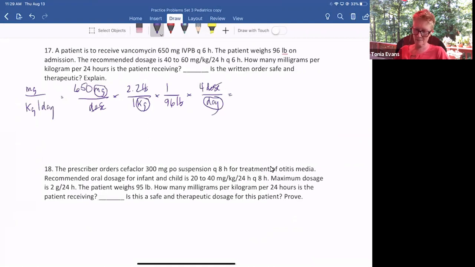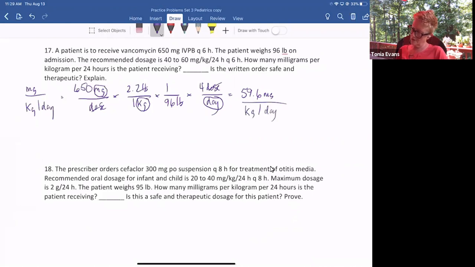650 times 2.2 times 4 divided by 96 equals 59.6 milligrams per kilogram per day.